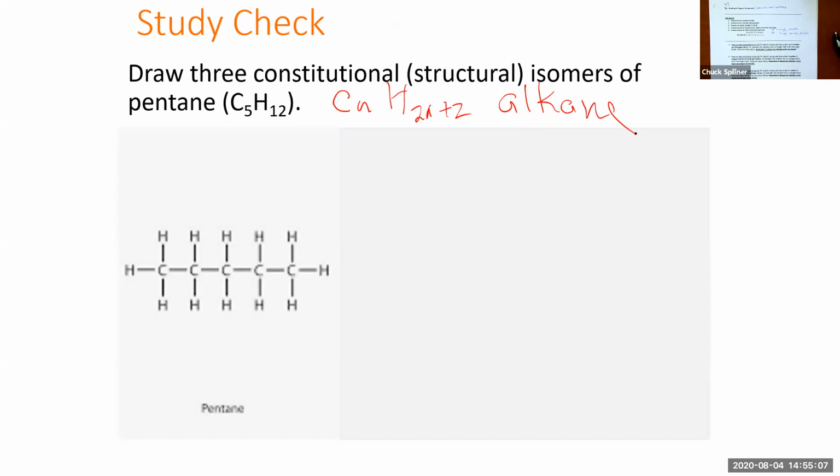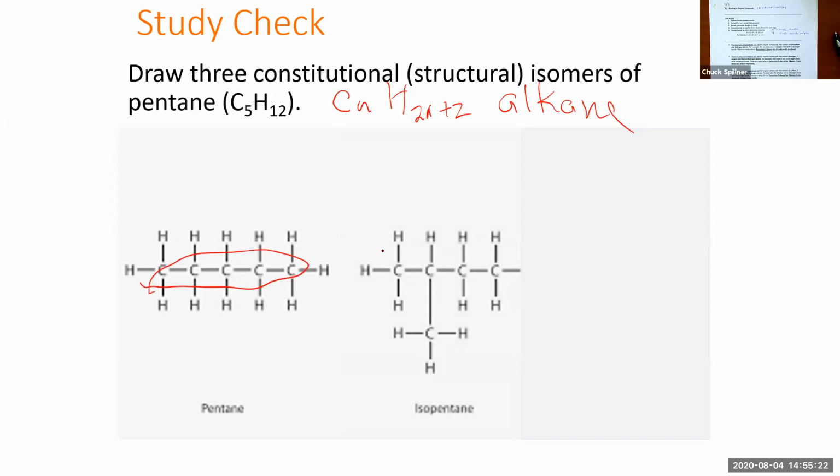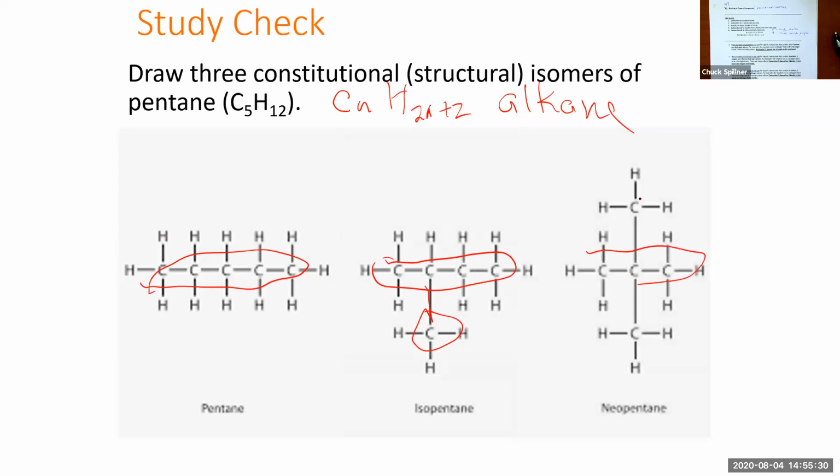If you're asked to draw isomers of this, you would just draw 5 in a row to begin with, and then add the hydrogens. And then maybe you draw 4 in a row and add a branch. So we have 5 in a row, and then we have 4 in a row with a branch sticking off of it. And then we have 3 in a row with 2 branches.